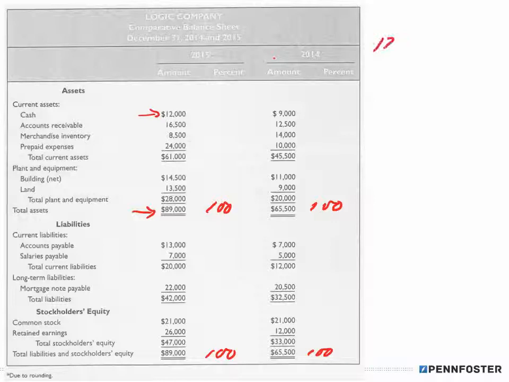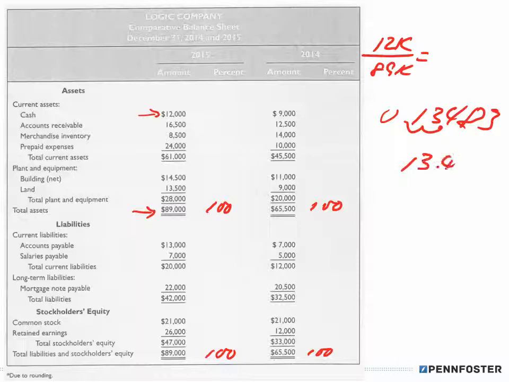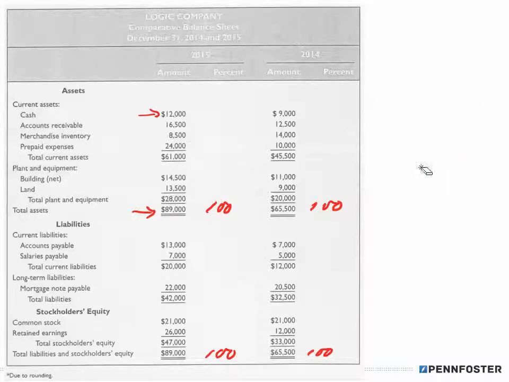So if I have 12,000 and I divide that by 89,000, 12 divided by 89, I end up with 0.13483, and we're rounding to the nearest hundredth of a percent, so that's 13.48 because we're rounding down. Let me do that again, because I'm not going to do this for each and every one of these numbers.